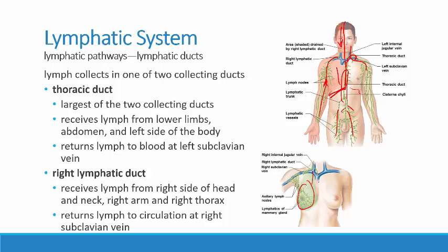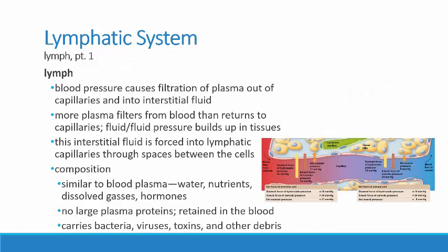How do we get fluid, the lymph, to move through the lymphatic vessels? Well, let's take a look. First, it's blood pressure that filters fluid out, and this is a reminder of what we looked at in the last chapter.